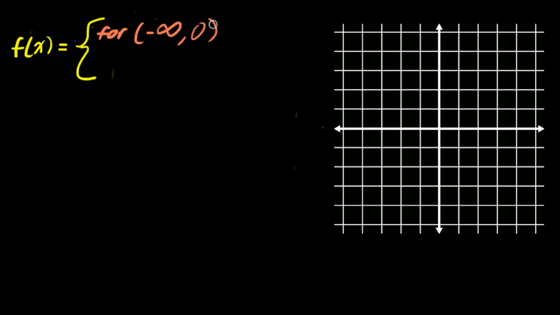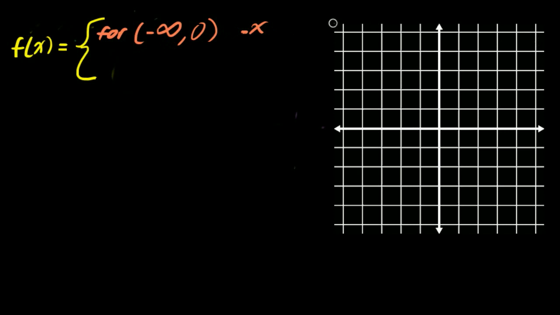And this interval notation, remember I'm using this open bracket to say that for x's that are greater than minus infinity and up to but not including 0, then f of x is going to be equal to minus x. So that's going to be our first function.